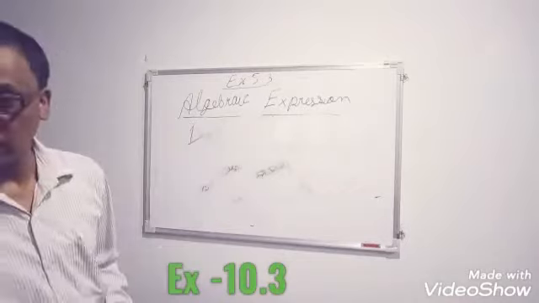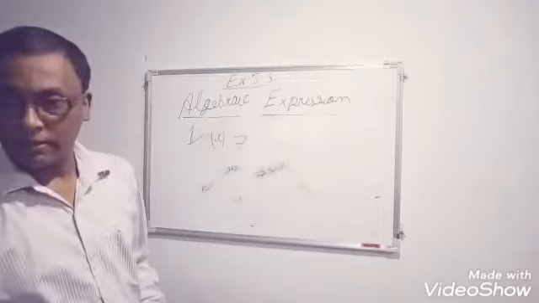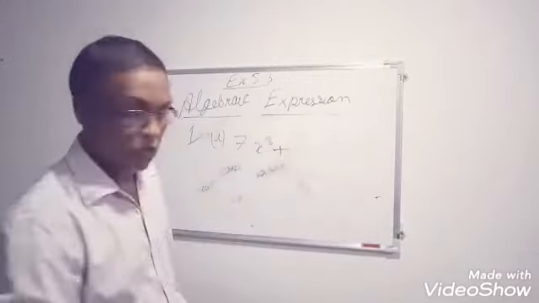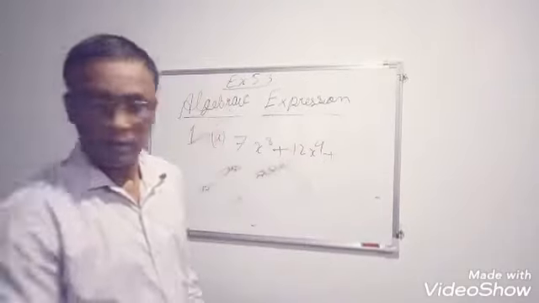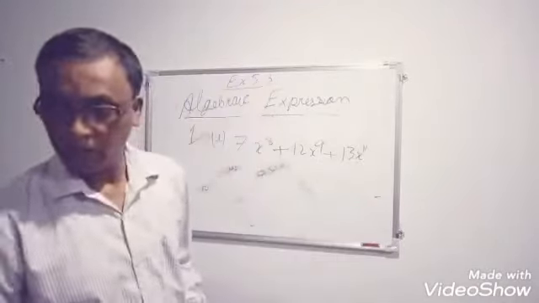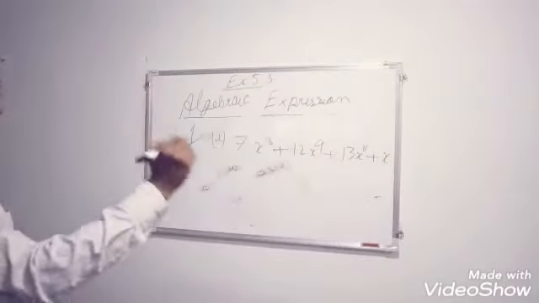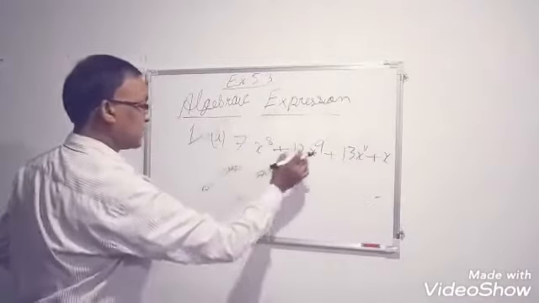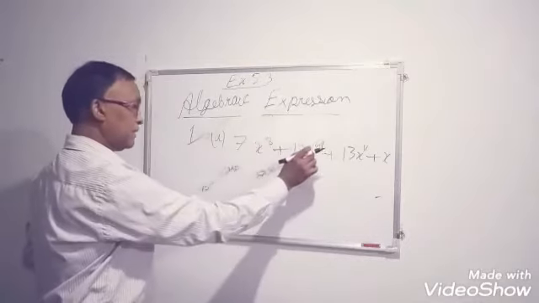If you see question number 1a, 7x to the power 8 plus 12x to the power 9 plus 13x to the power 11 plus x. So I think it is clear all these are terms. In all these terms there are single variables.